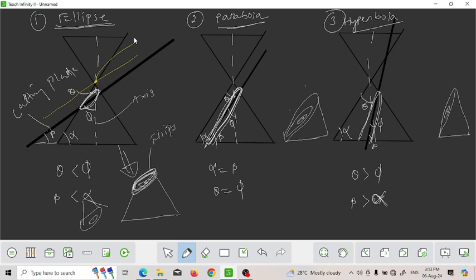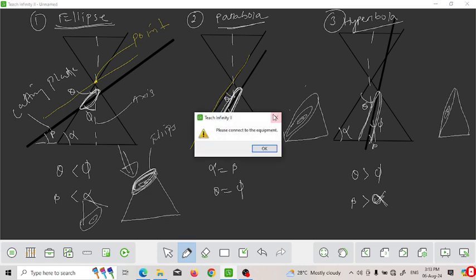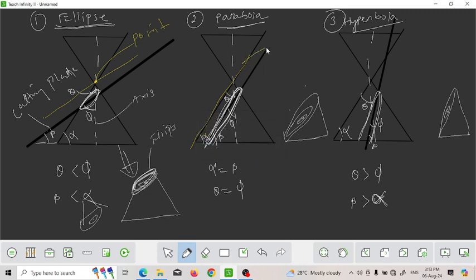Okay, in this case we obtain a point, and in the parabola case, this cutting plane and this end generator are parallel to each other, and when passing through this apex, it is always a straight line. Okay, this forms a straight line. Okay, and in the hyperbola case it will become an intersecting line. Okay, this line will form between this and this, and this will form an intersecting line.